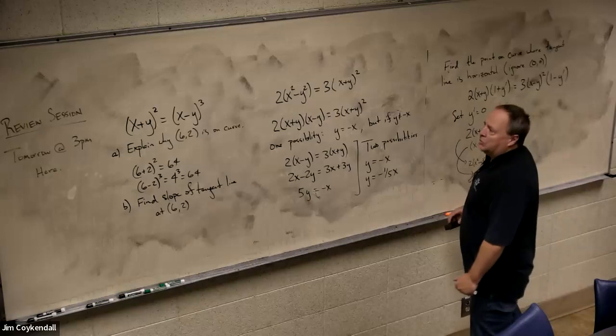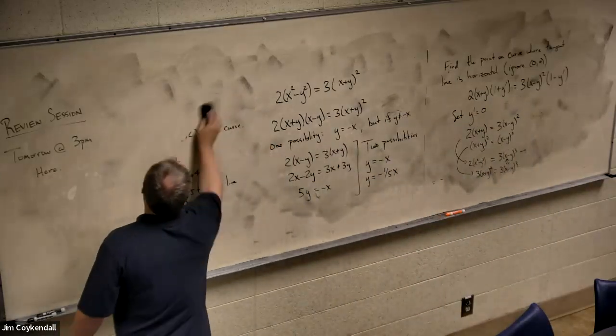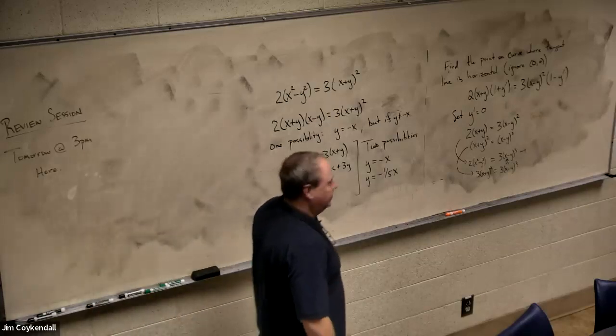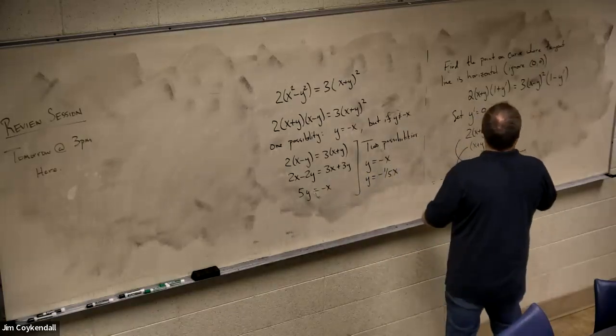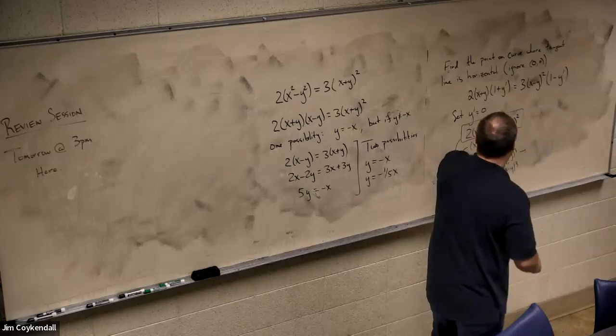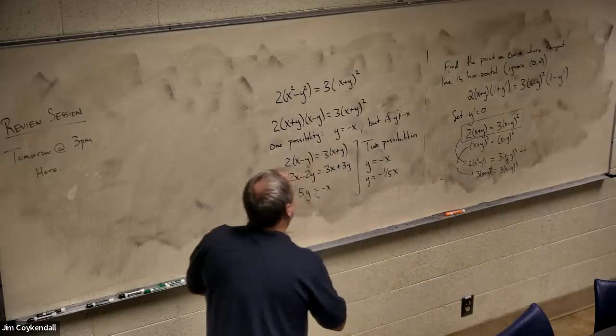Now, I'm going to use that here to get actual numbers. I'm going to use this equation here that I got because it's the smaller of the 2. This is the bigger equation. I'm going to use the smaller one.